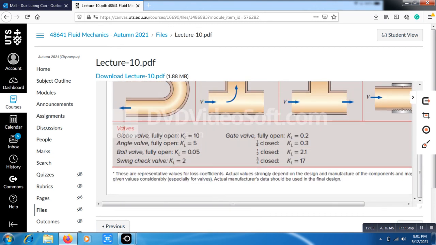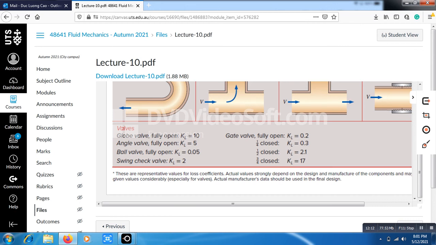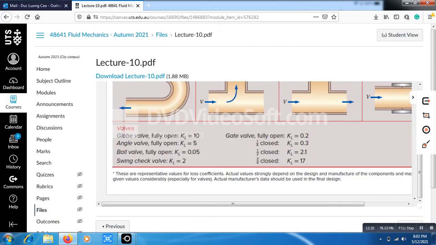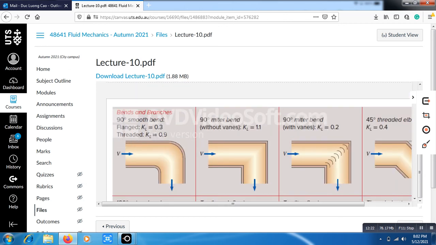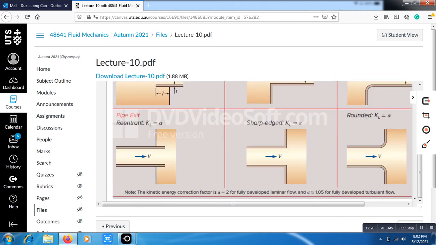For the fully open gate valve, KL3 is 0.2. Okay, so KL4 for the exit. For the exit we use this one, and because the Reynolds number is more than 58,000, the fluid flow is turbulent.